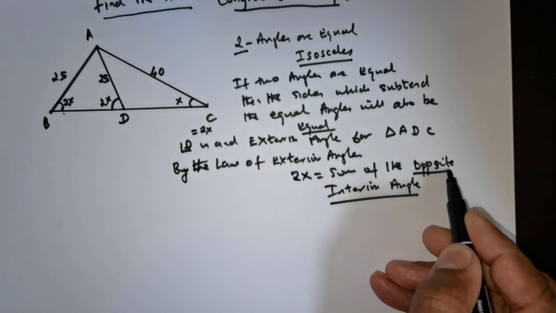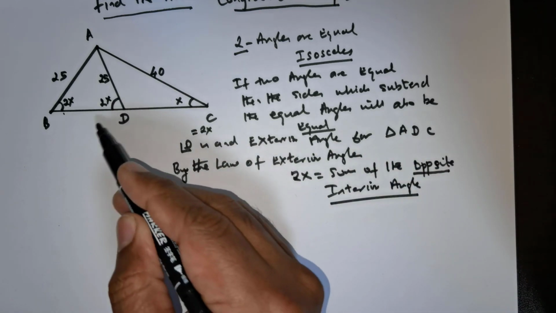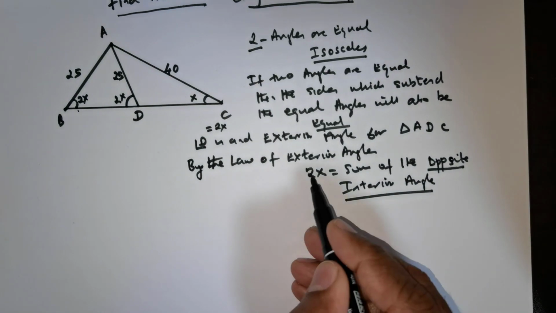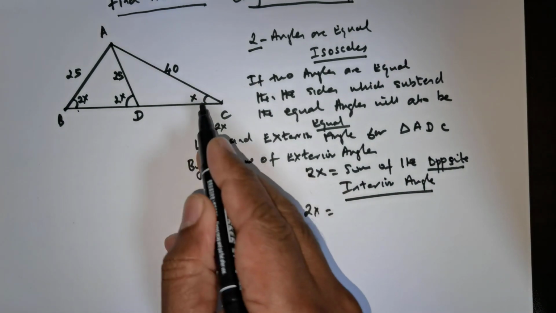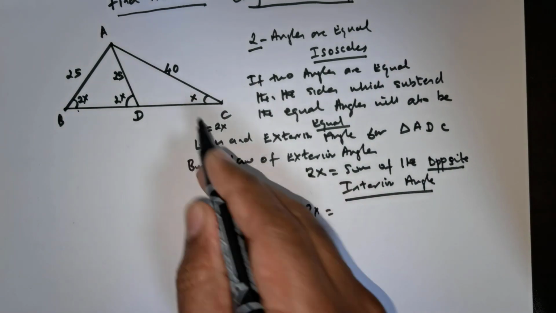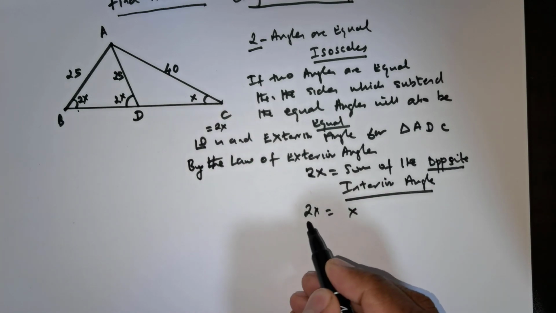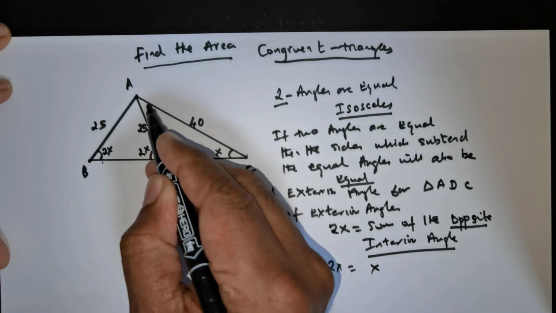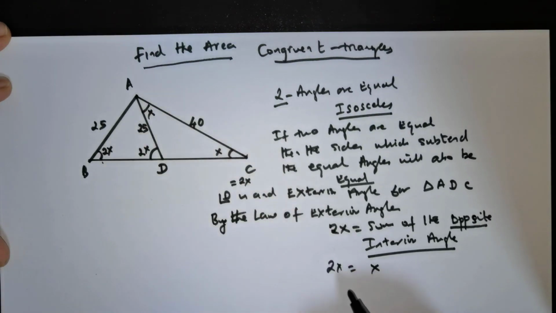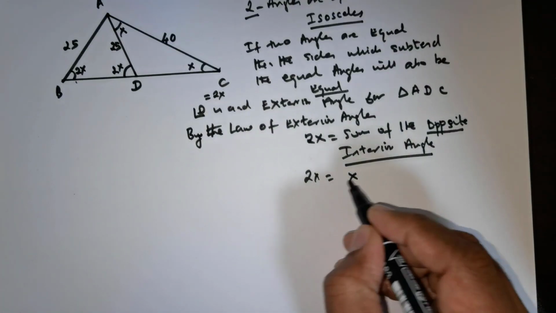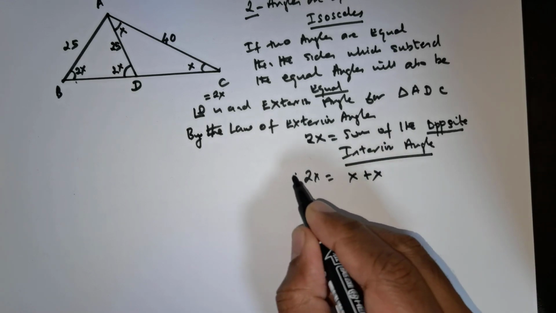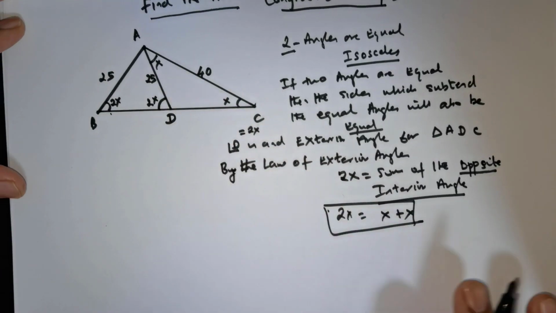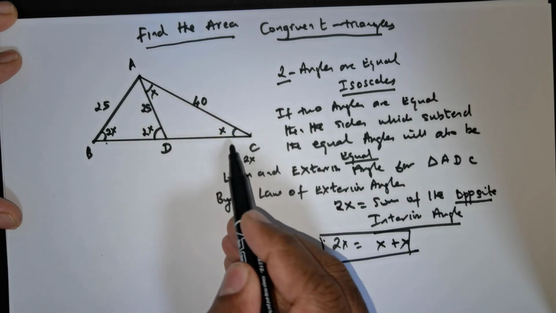This is important, opposite. So you can't take this angle, but you can take the opposite interior angles. Now I know this is angle C, which is already given to be x, but I need to get to 2x. So what would this angle be? This angle is going to be equal to x. So if I take this picture into account, clearly two angles are equal.